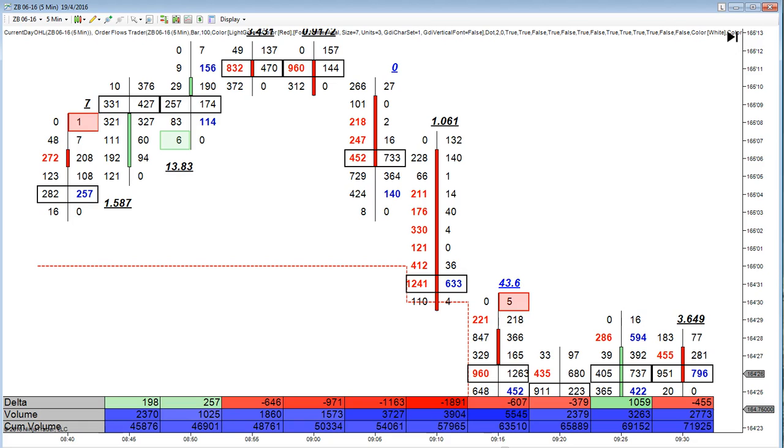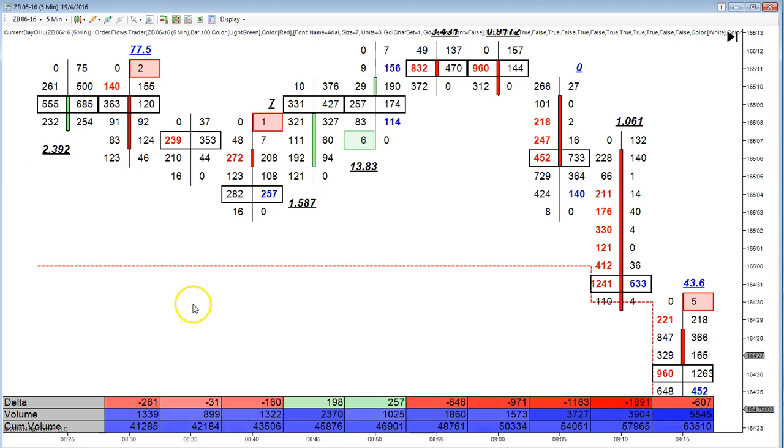So this is a bond 5-minute chart. This is from last week, April 19th. The market is trading between 165.12 and 165.06, and we start to sell off in this bar. Now, this is a 5-minute chart, so this bar here is your first sign that we're starting to sell off.